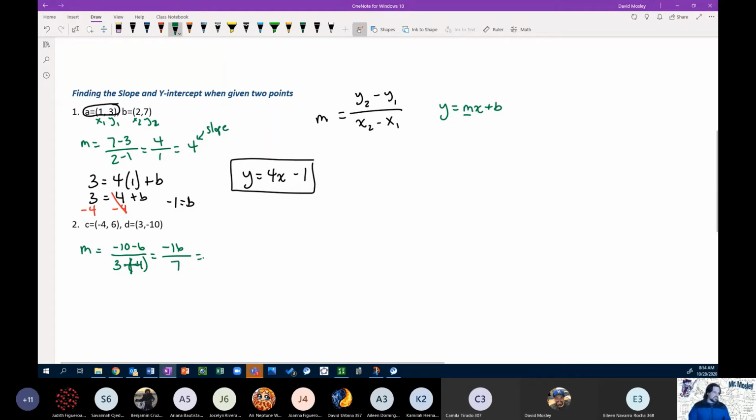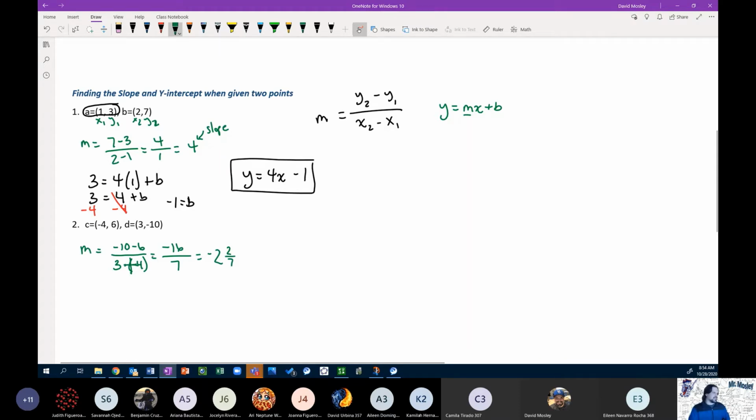This is a horrible fraction. I made these numbers up. Negative 16 over 7. We can write this as an improper fraction, or as a mixed number, negative 2 2/7. Writing it as a mixed number is fine.